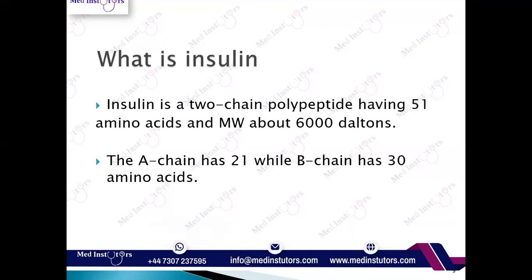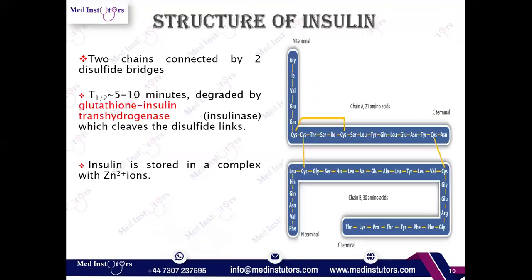The two chains are the A chain and the B chain. The A chain has 21 amino acids, while the B chain has 30 amino acids, so you shouldn't confuse between these two. A 21, B 30, and together we have 51 amino acids. The A chain and B chain are connected by two disulfide bridges.